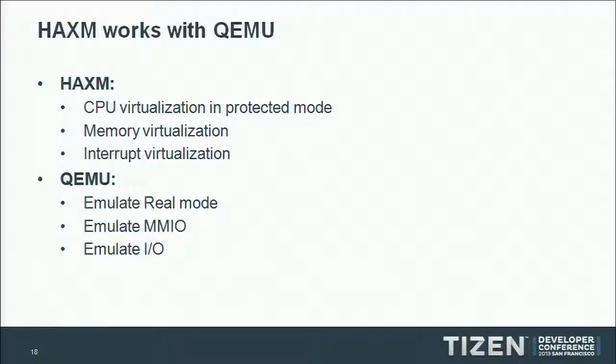So the HAXM is responsible for the CPU virtualization in protected mode and the memory virtualization and the interrupt virtualization. And the QEMU side is responsible for the real mode CPU virtualization and the MMIO and the port I/O emulation.